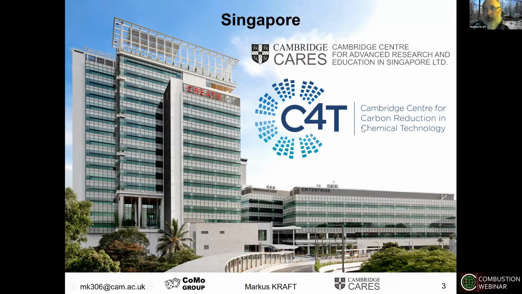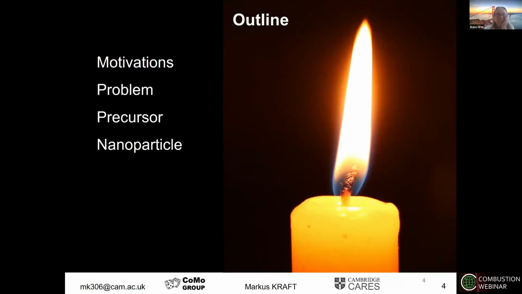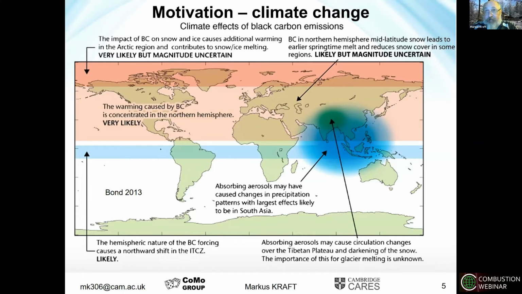So this is what this talk is all about. It's about the formation of soot, and we are very familiar with it. We know, or we believe, that black carbon soot has an adverse effect on climate change. We observe the warming of the northern hemisphere.